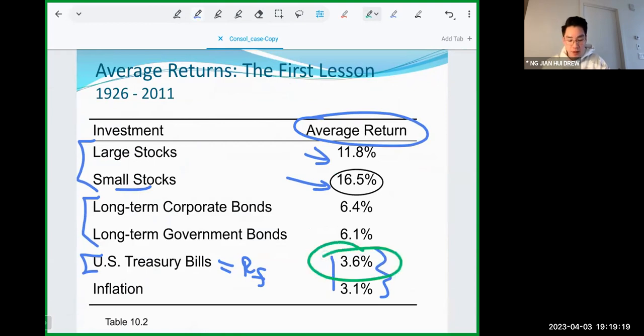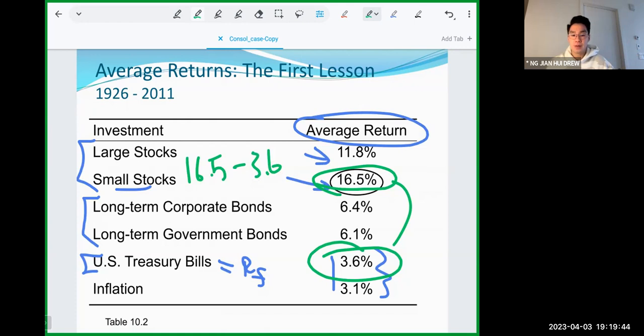So in terms of risk premium, if we look at the small stock, which is the most risky, we take 16.5 minus 3.6. So this is the risk premium that we are paid, right? That is on top of the risk-free returns that we're getting simply by taking the treasury bill. So this is the additional risk that we are taking in this sense.